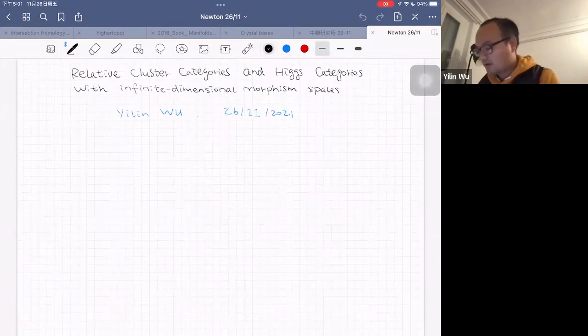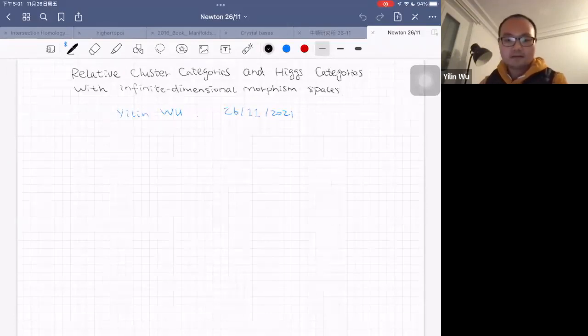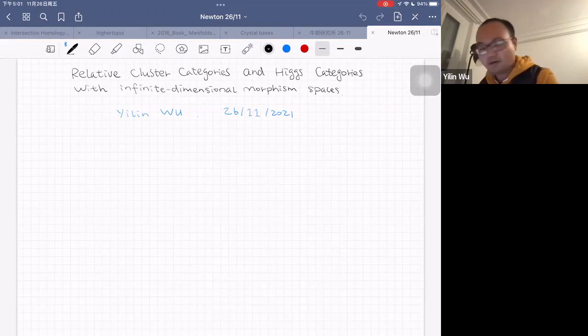Today, I will talk about the relative cluster category and the Higgs category with infinite dimensional morphism space. The plan of today's talk has three parts. First, I will talk about cluster algebras and cluster categories.